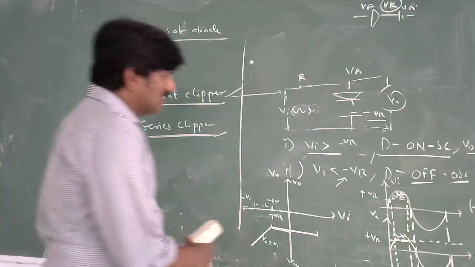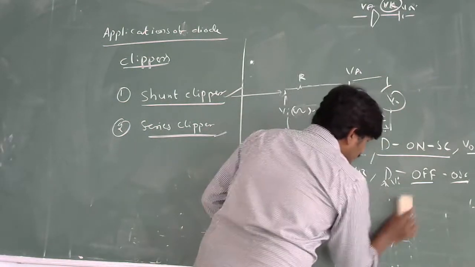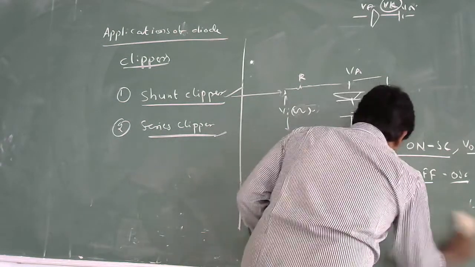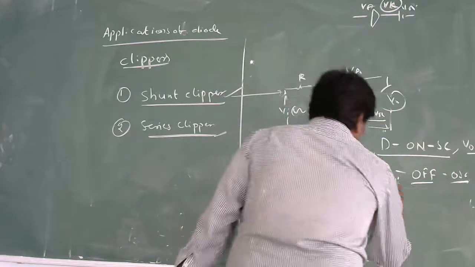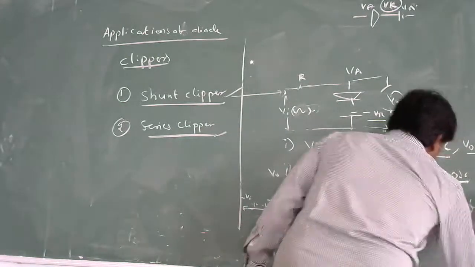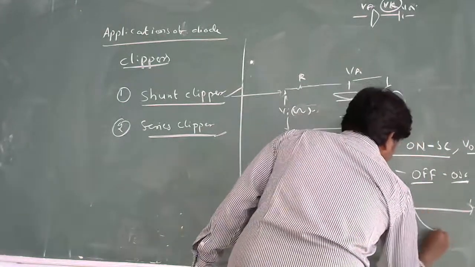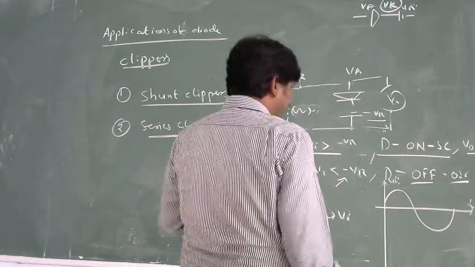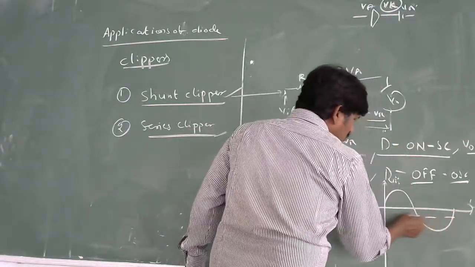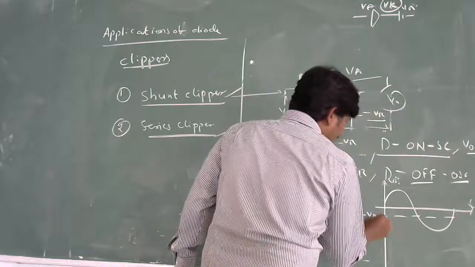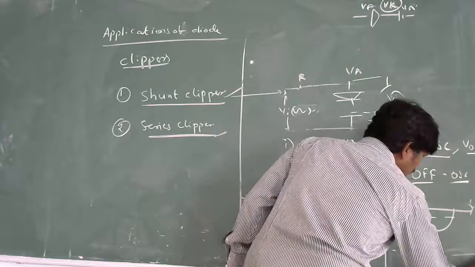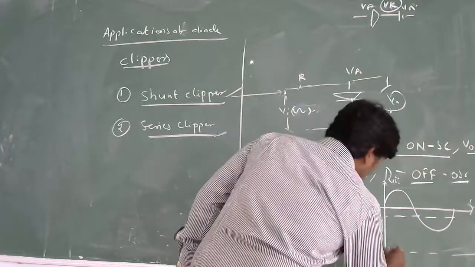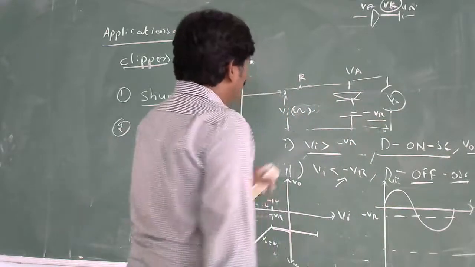And what about the input and output waveforms? You can draw them corresponding to this, very simply. Again, draw the time axis with the positive cycle and negative cycle. This one is Vi, and the reference voltage is in negative polarity, so it is minus VR. Here you should consider two points.